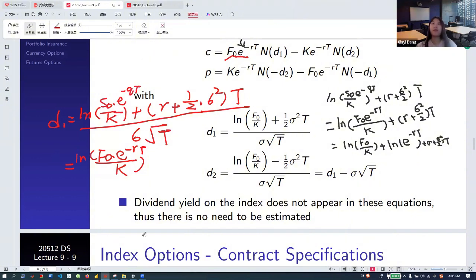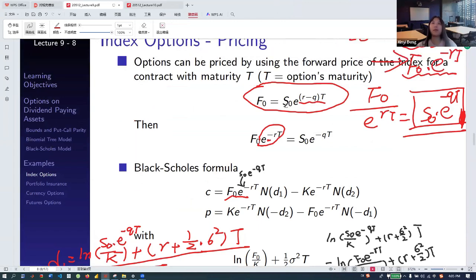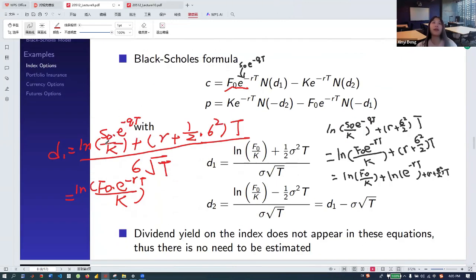Then, from the relationship between forward price and underlying price, we can express that S0 expression into an F0 expression, right? Then let me continue writing.